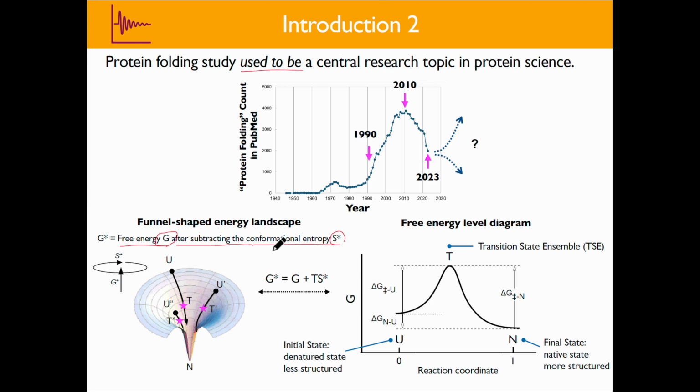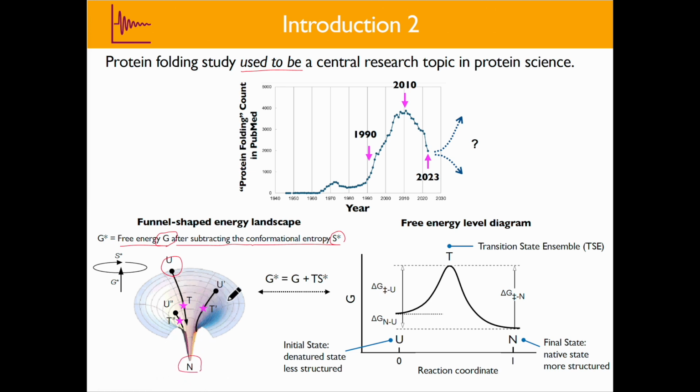The polypeptide chain has a large conformational variety, which makes the entropy large. The horizontal plane represents the conformational entropy S star itself. From a particular state U, the protein molecule falls down on the surface, and the target is a natively folded structure N.